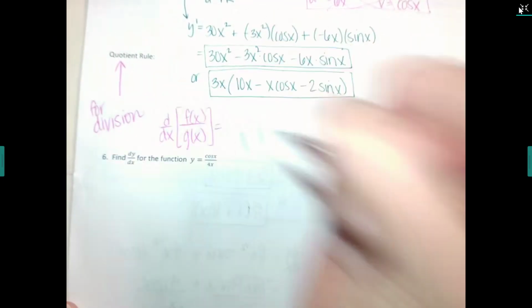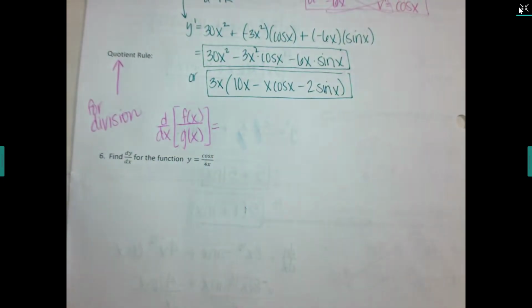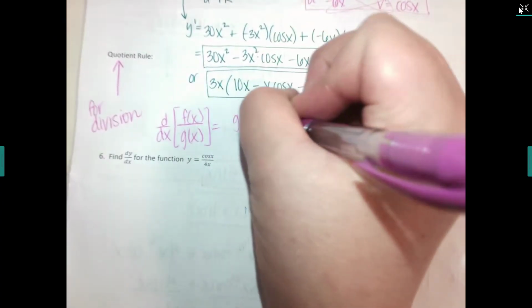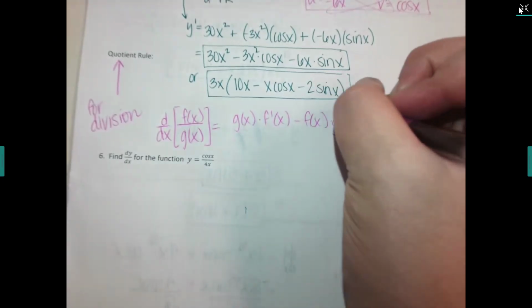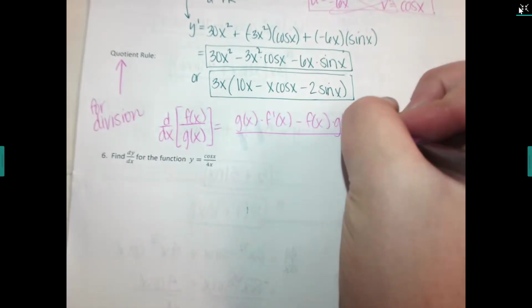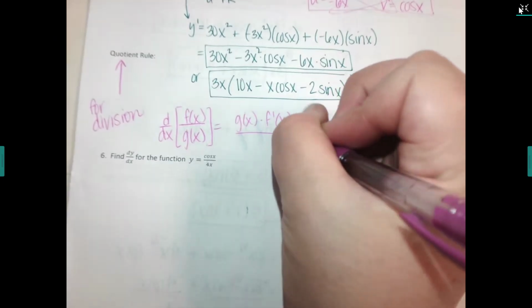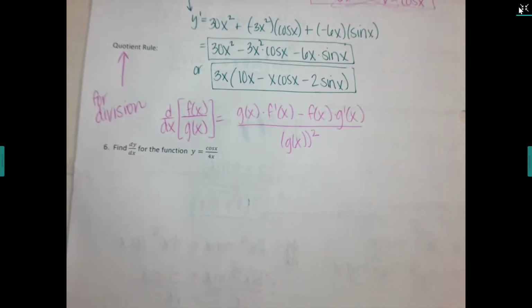So quotient rule says this: the derivative of f over g, where f and g are divided, is g of x, f prime of x, minus f of x, g prime of x, over g of x squared.